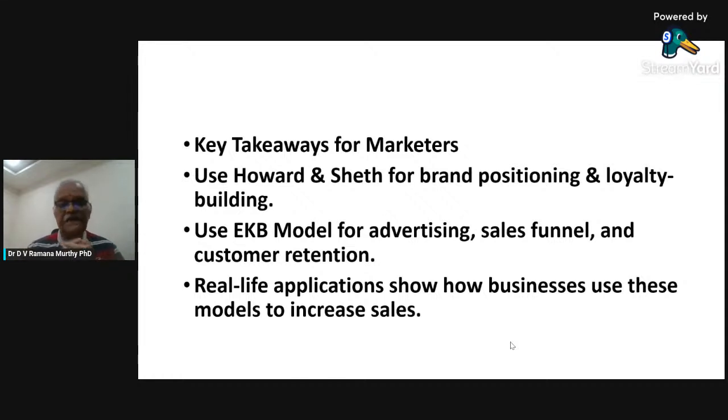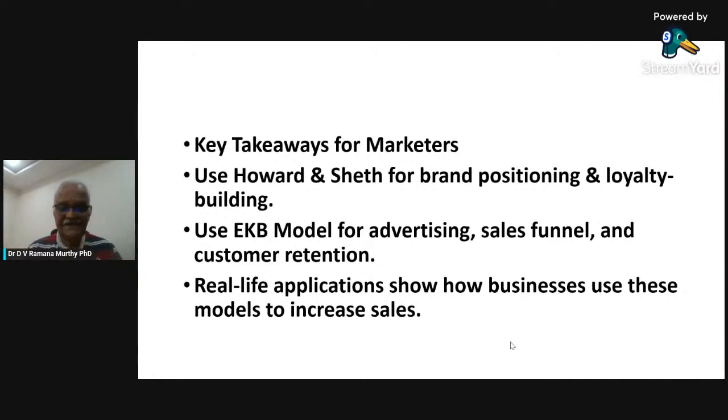And the EKB model is for advertising and creating a sales funnel. Sales funnel is a stepwise process: 1, 2, 3, 4, 5, and final buying, post-purchase satisfaction, and customer retention, because you want repeat buyers and you want to retain the customers.